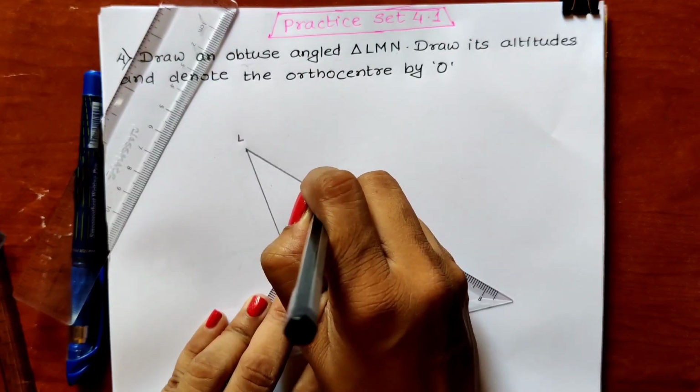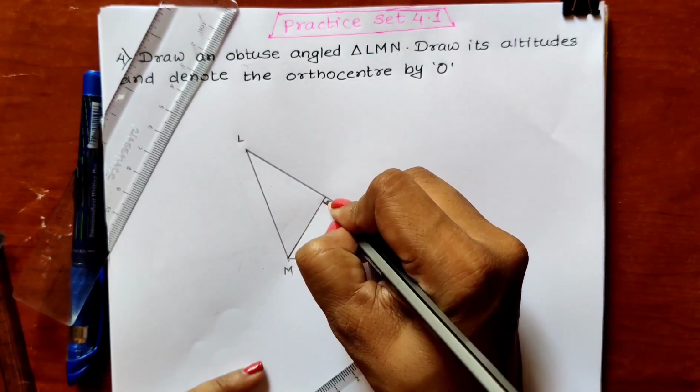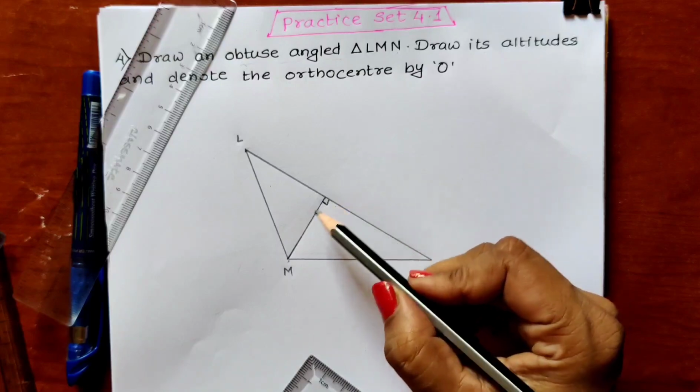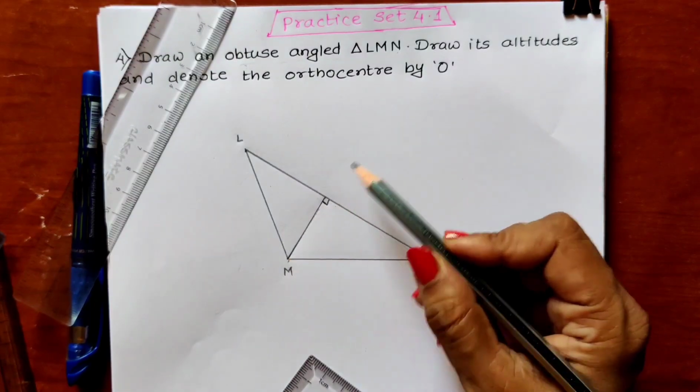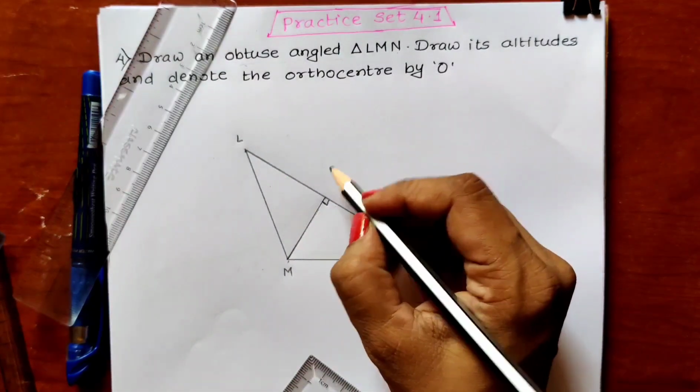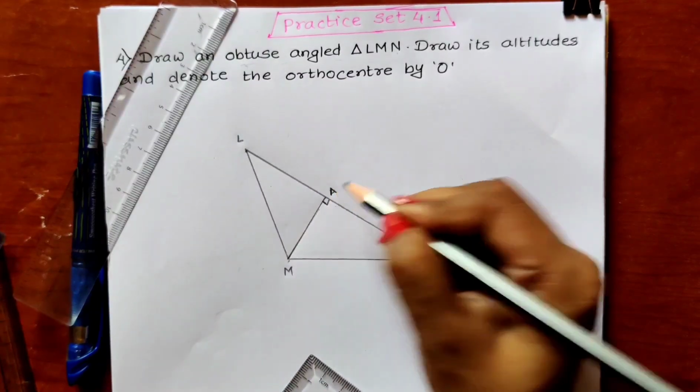Like this, and now this is our altitude from point M on its opposite side LN. I can give any name to this point, maybe point A.